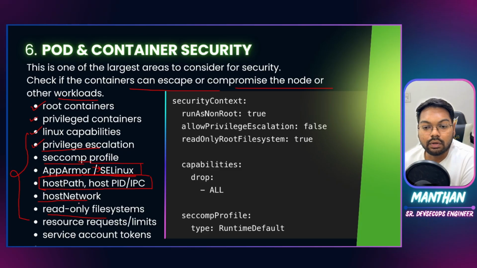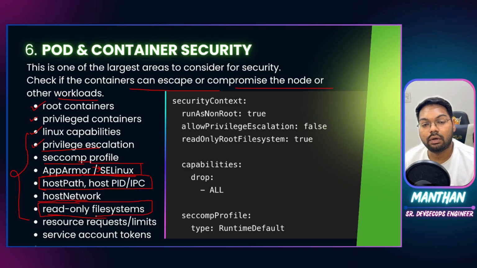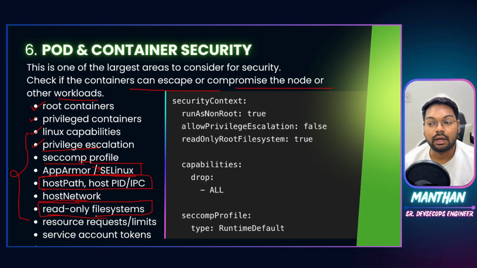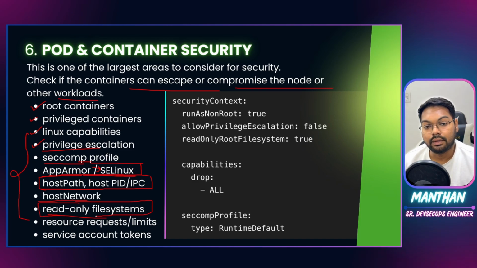Are the files read only, or can someone create something when they get access to the container? If it is read only, that is fine, but if it is not, they can download any application from the internet, which could be a virus or malware that could infect the entire cluster.